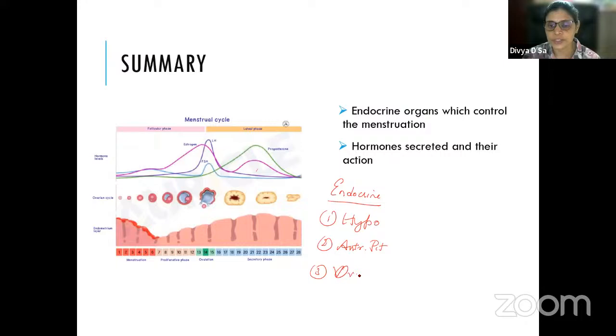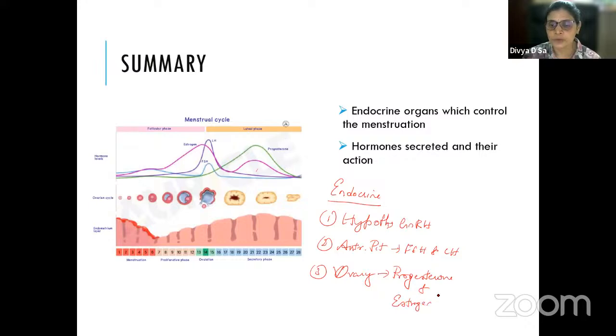Which are the hormones secreted by them? Hypothalamus will secrete GnRH, gonadotropin releasing hormone. From anterior pituitary, we have FSH and LH. And from the ovary, progesterone and estrogens are secreted.